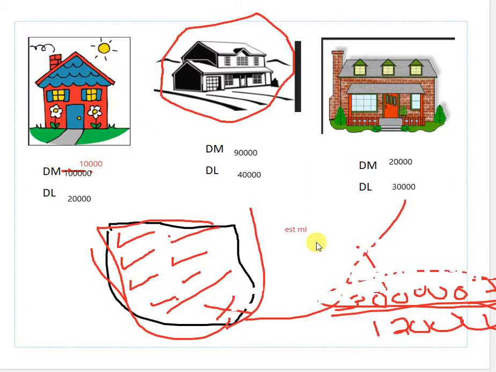So estimated manufacturing overhead divided by your estimated base. If I had perfect knowledge, I would take 300,000 divided by 120,000. But at the beginning of the year, I've got to guess.